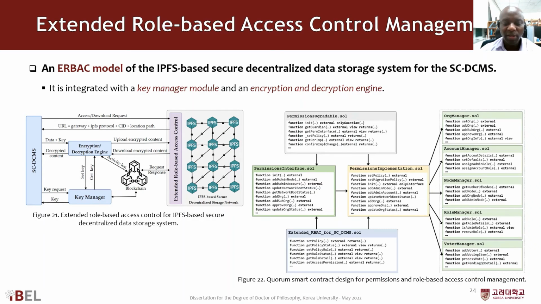In Figure 22, we highlight the Quorum and smart contract design for permission and role-based access control, where we have extended by adding an extended role-based access control, which is mapped with the permission interface smart contract and the permissions implementation smart contract.